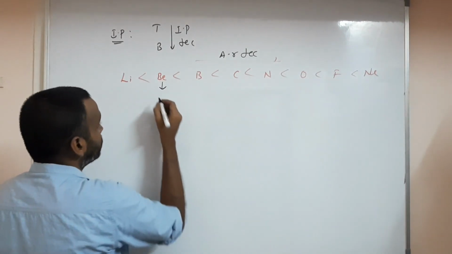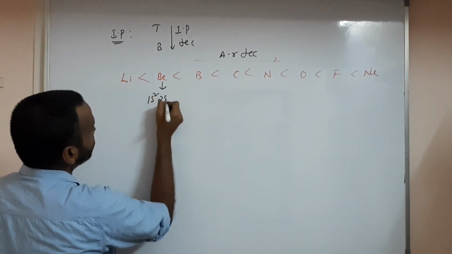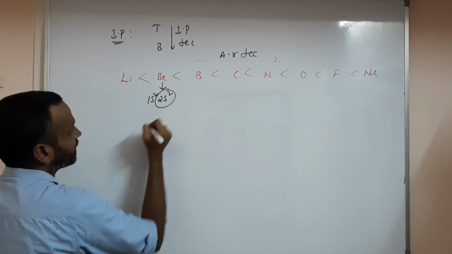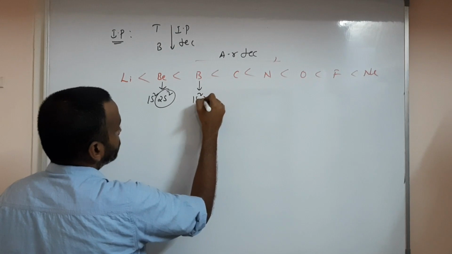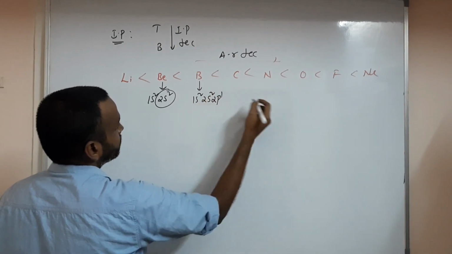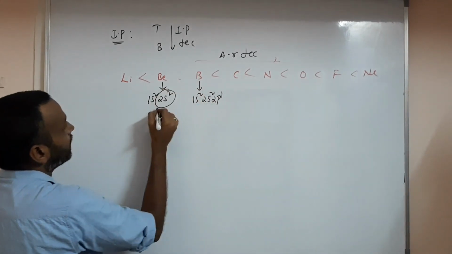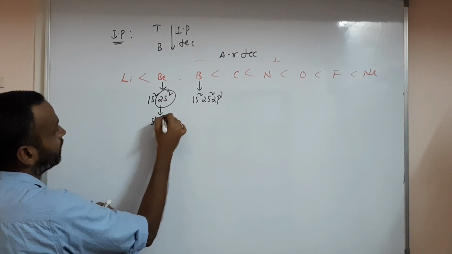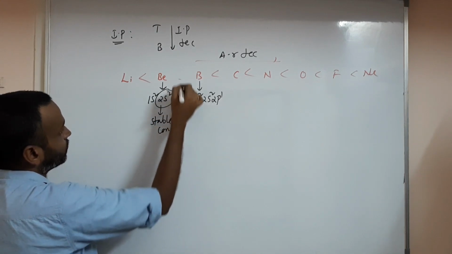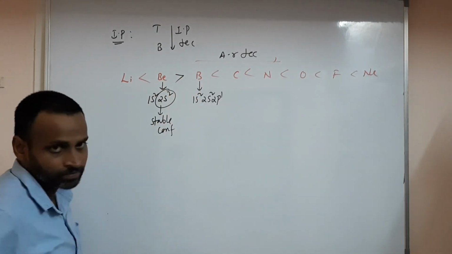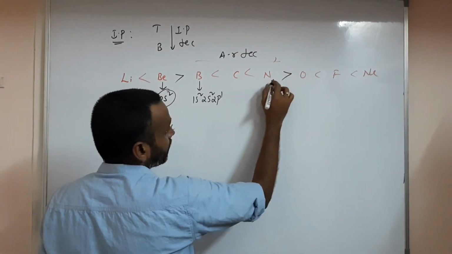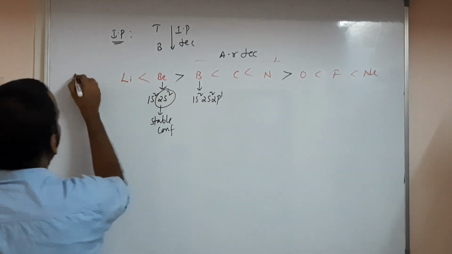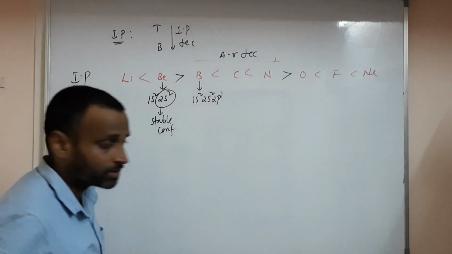Beryllium is 1s2, 2s2, a duplet configuration, completely filled. Boron is 1s2, 2s2, 2p1. So beryllium has the more stable configuration, so beryllium has more IP than boron.